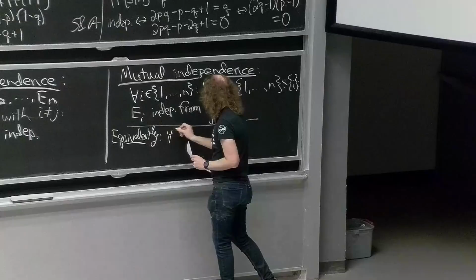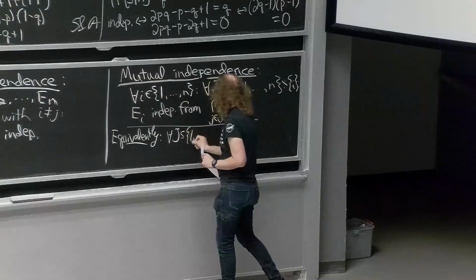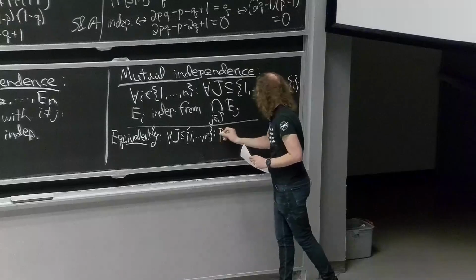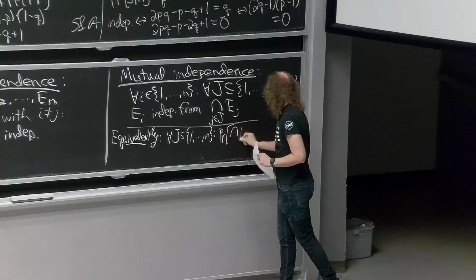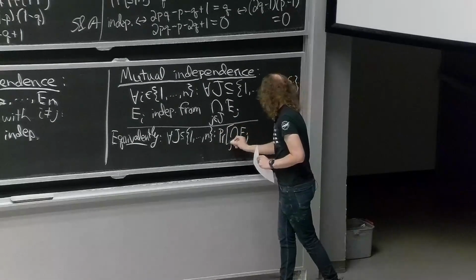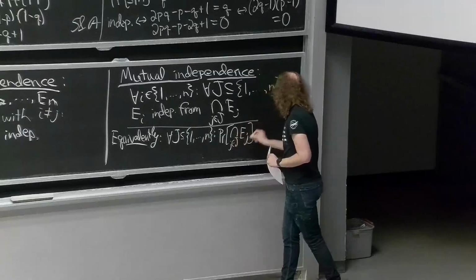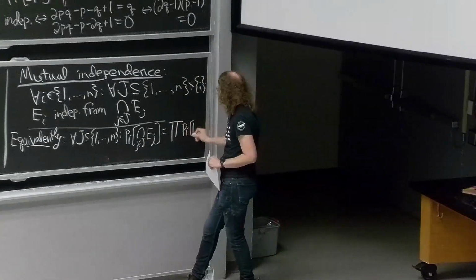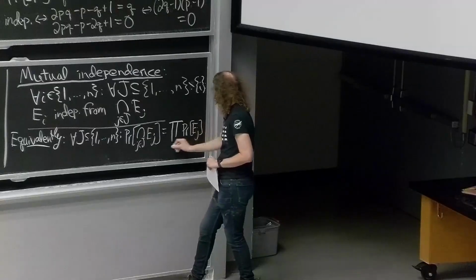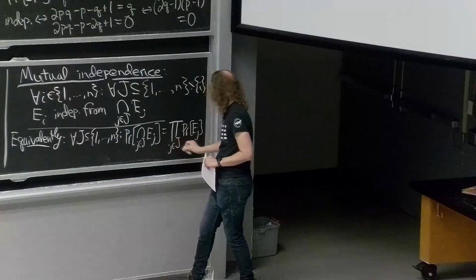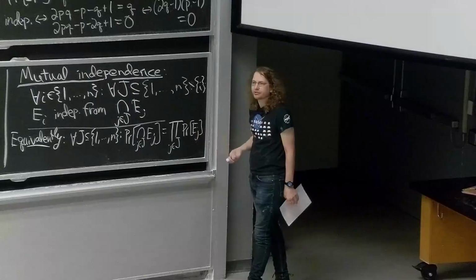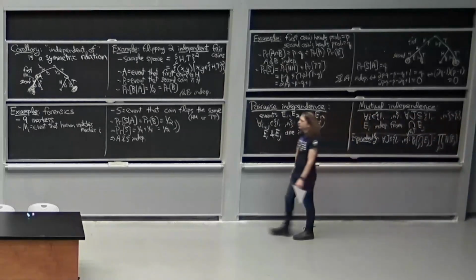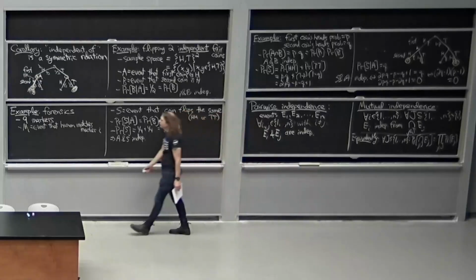For any J that's a subset of 1 up to n, the probability of the intersection of Ej for j in big J is equal to the product of the probabilities of the individual events for j in big J. This is the natural generalization of the product rule for independence between 2 events.